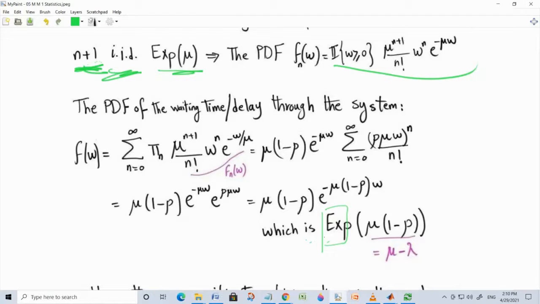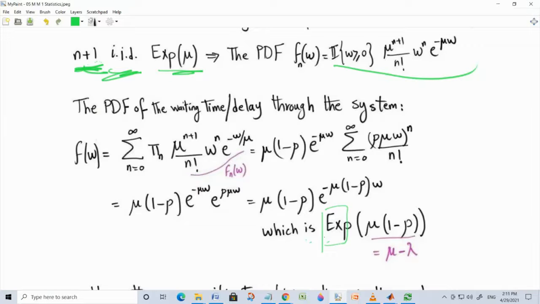So for the unconditional waiting time, you condition on n. Perhaps I will arrive and no customers are there. Perhaps I will arrive and there is some guy there, 2 guys, 3 guys, and for each one, if there are n, you will have to wait n plus 1 IID exponential mu.